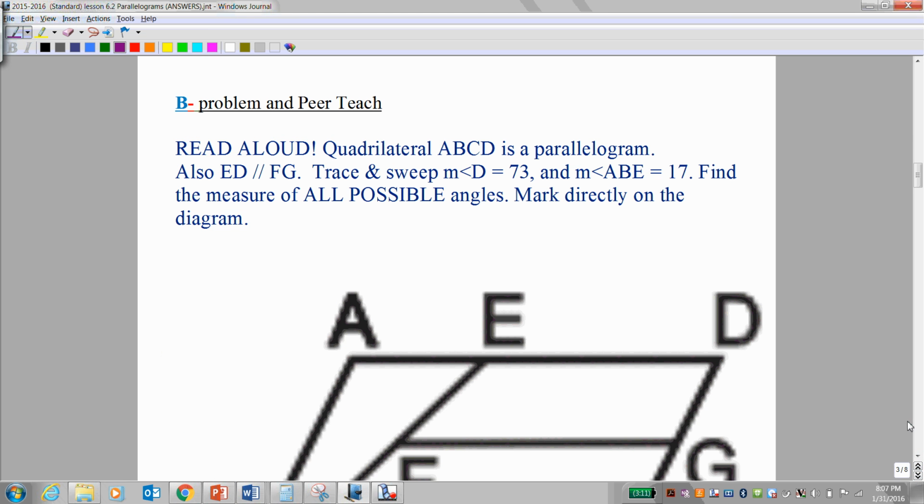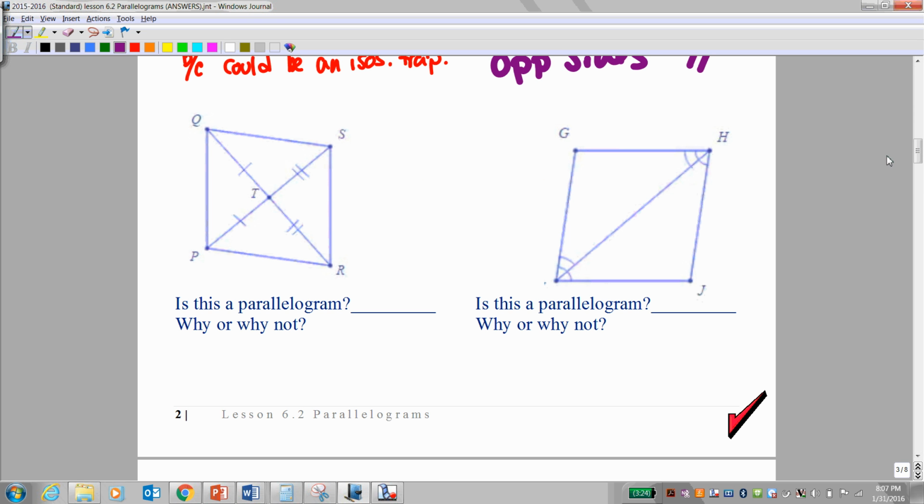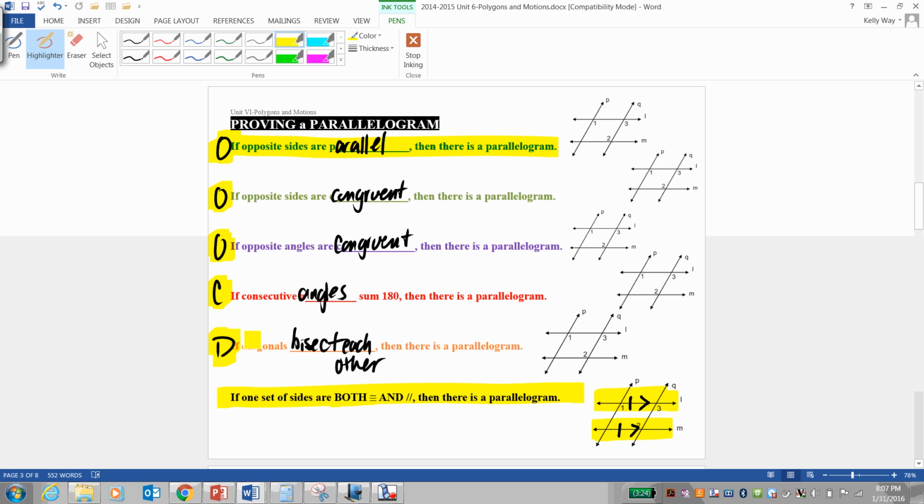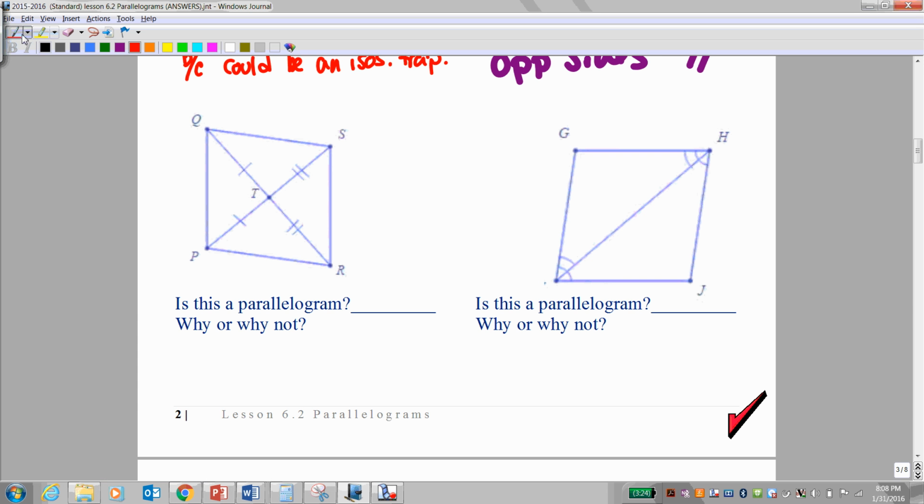Let's take a look at the other two. Now, we noticed here something about diagonals: if the diagonals bisect each other. Now, what that would look like would be this. Let's draw ourselves a parallelogram.